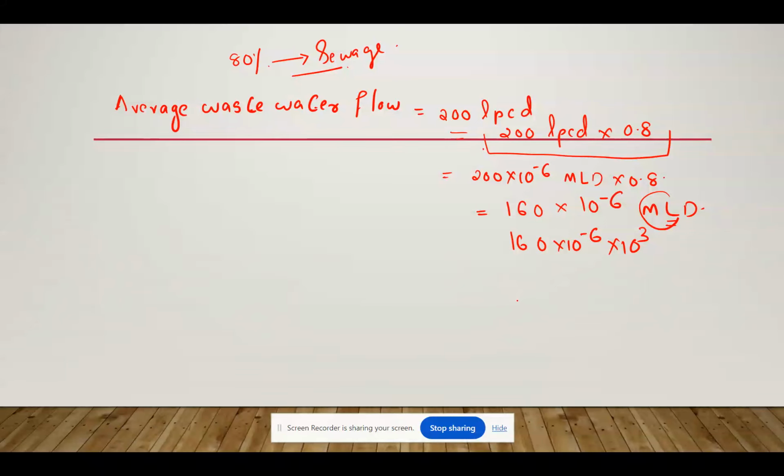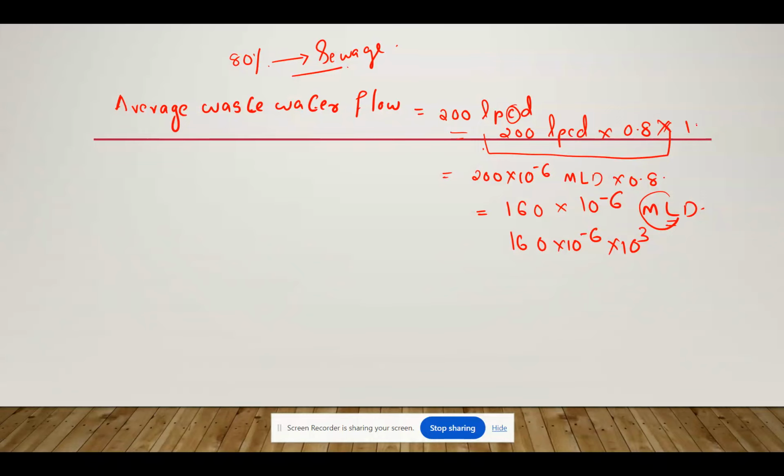So here what you are getting is 160, but you have to multiply with the number of people to eliminate the capita, right? So you have to multiply with 10,000 to eliminate this capita, that is the number of people which is available in the city, right?